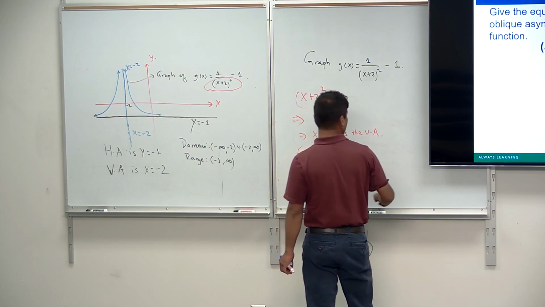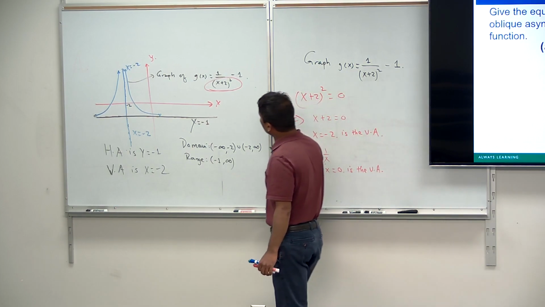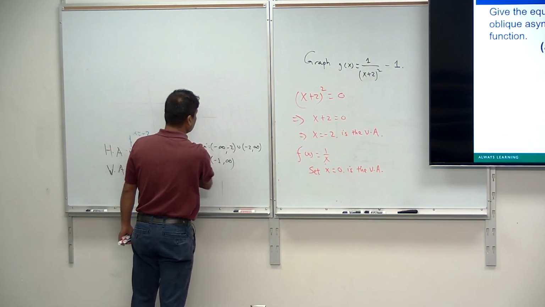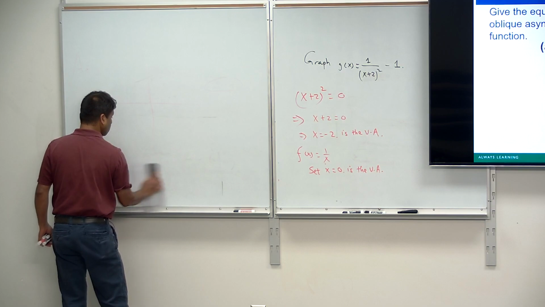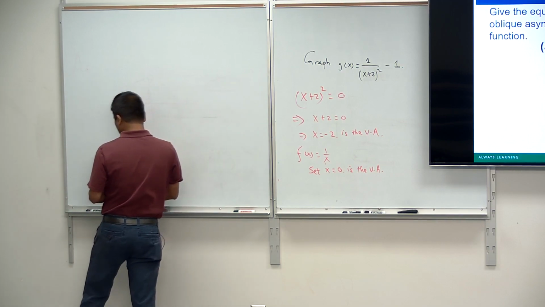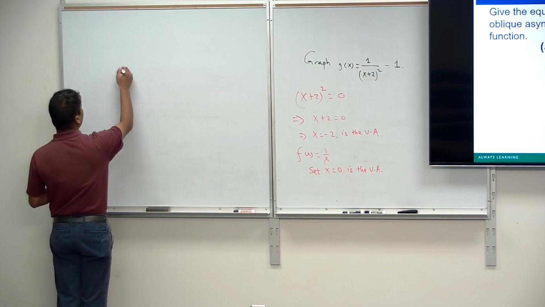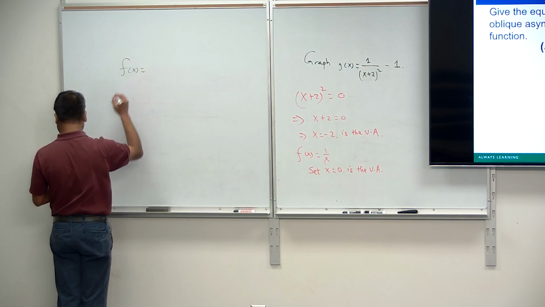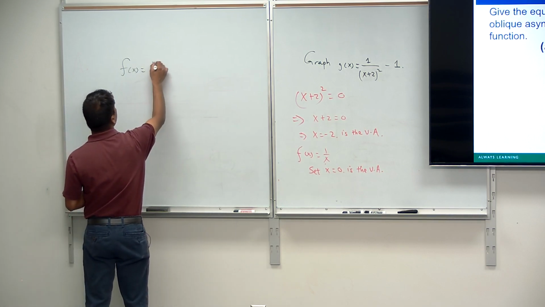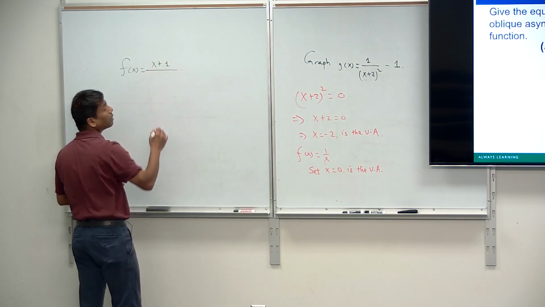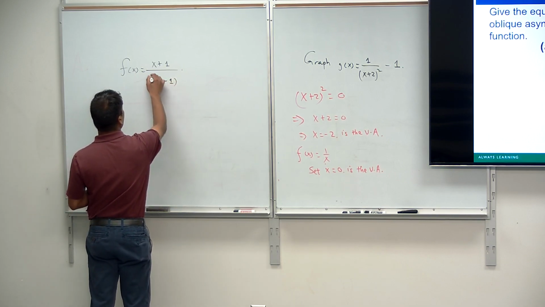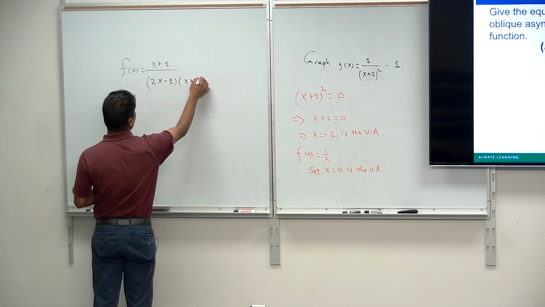So now look at this function, okay? f(x) equal to x plus 1 over 2x minus 1 times x plus 3.